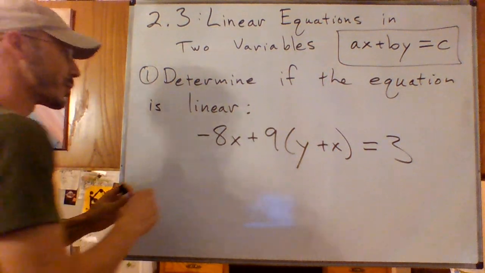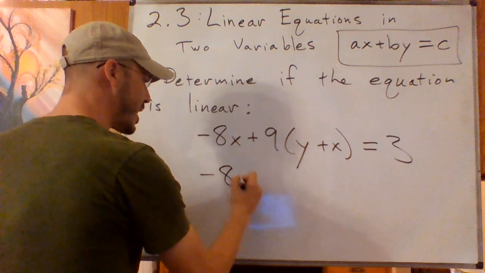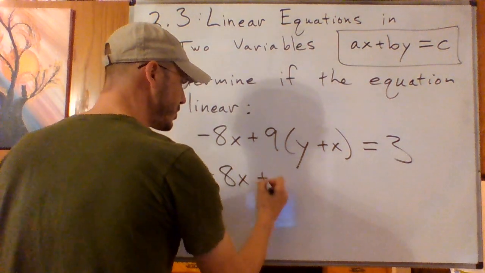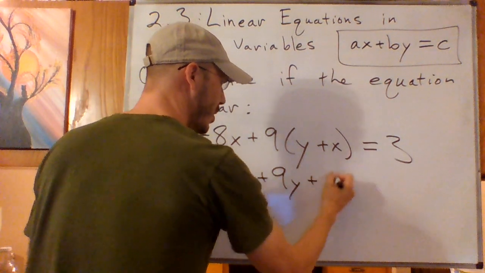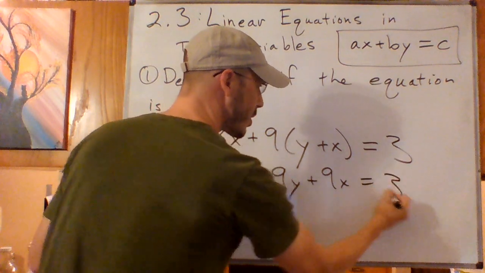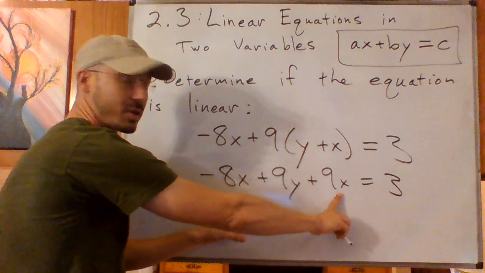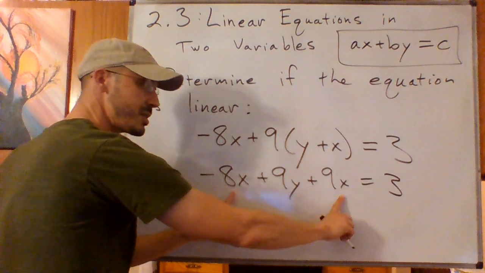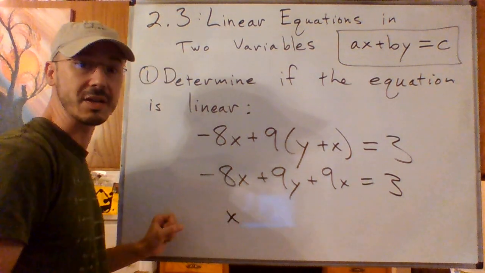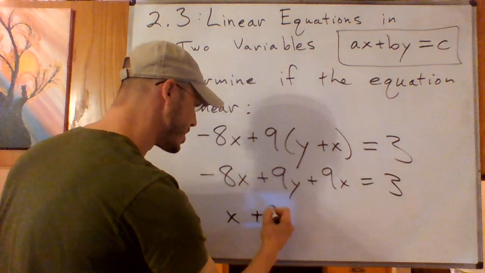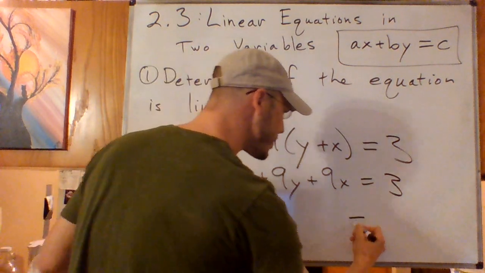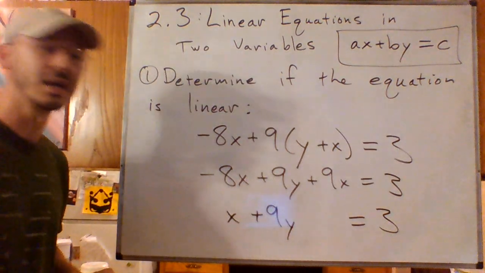So what I'm going to do first is distribute the 9 and then combine like terms. There's two x terms that I can combine. Negative 8x plus 9x is 1x, or just x, plus 9y, and all that's left on this side of the equation is 3.